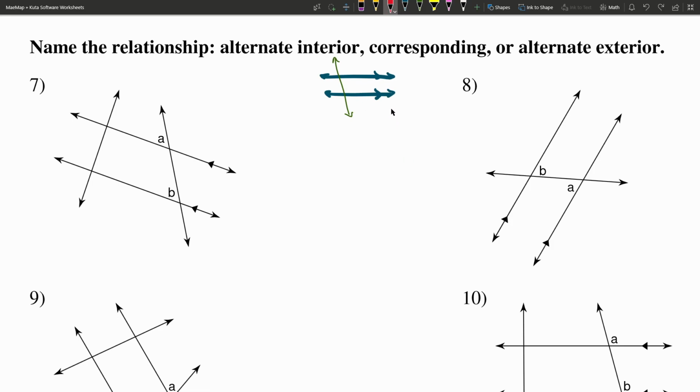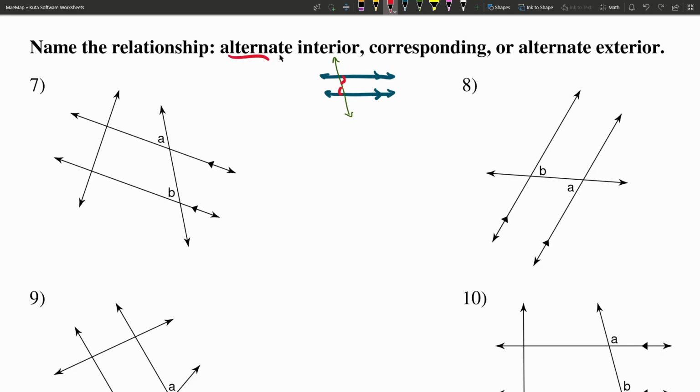Now, alternate interior angles, think about interior, that's on the inside or interior of those parallel lines. So if I have some angle here, it is indeed between or on the interior of both my parallel lines. It falls inside of it. And alternate, you can think of almost as opposite. So this angle here and this angle here are opposite sides of that intersecting line, but on the inside of my parallel lines.